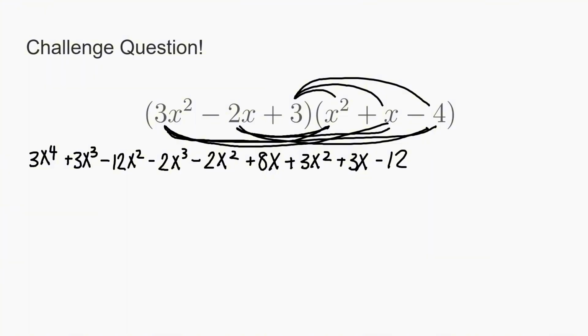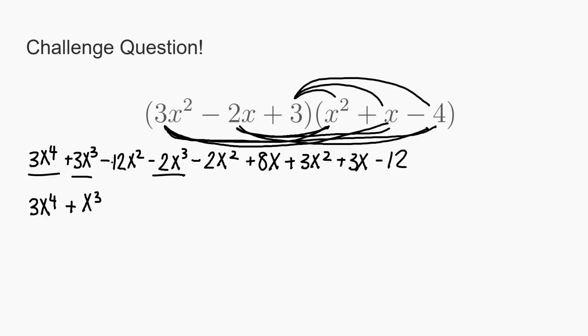Now, let's combine like terms. There's only one x to the 4 here, so we have 3x to the 4, and that's taken care of. We have 3x cubed and negative 2x cubed, which means we have 1x cubed. 3 minus 2, that's 1. We have negative 12x squared, negative 2x squared, and 3x squared.